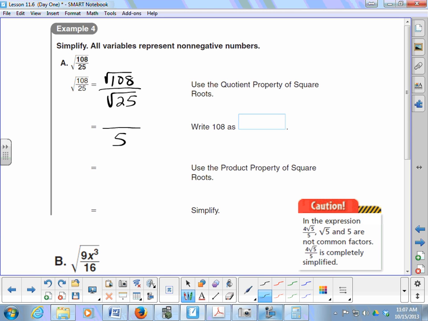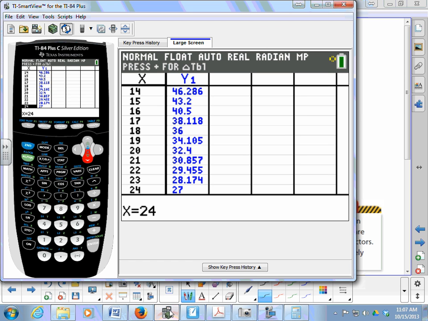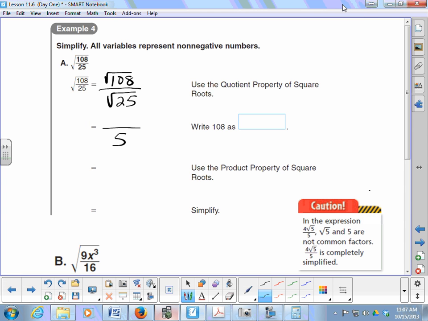Okay. Square root of 108. Okay, that's not a perfect square, is it? Okay. What's the largest perfect square that goes into 108? Okay, if I'm not sure, go to my calculator.